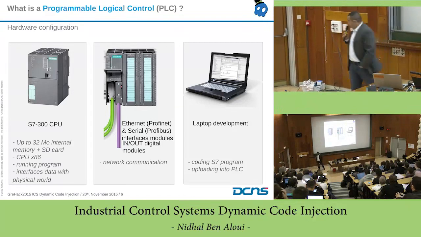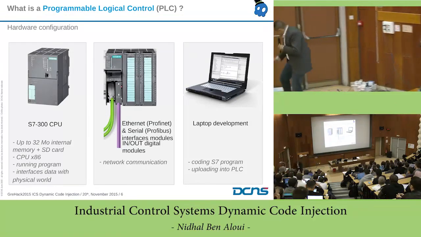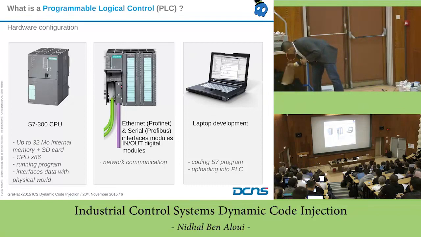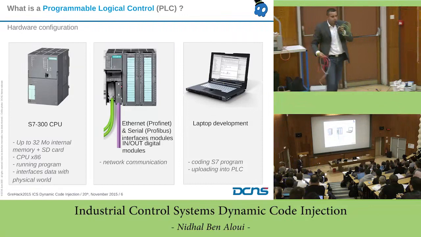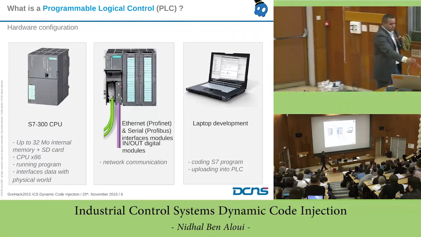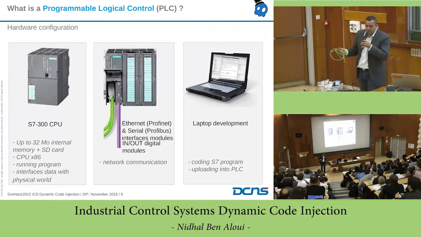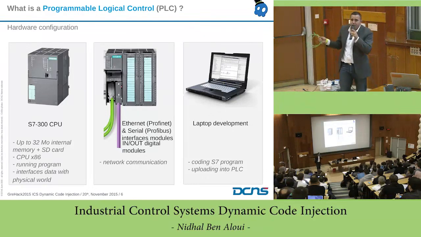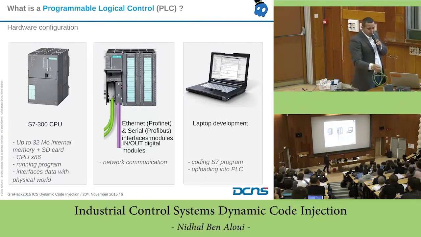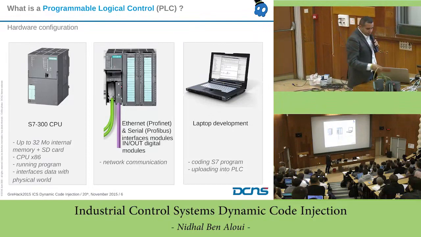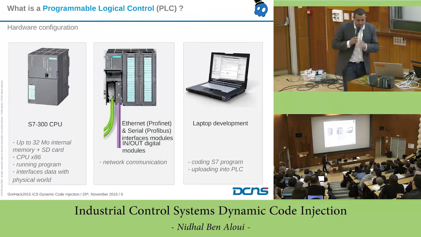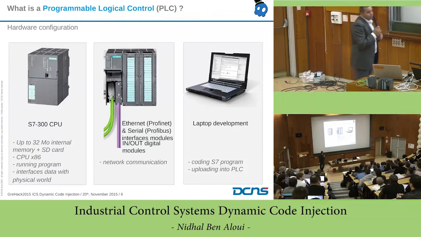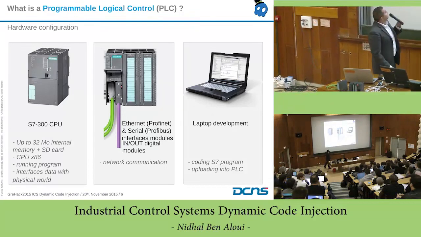In general, we use a Profinet cable like this. This cable is given by Siemens, not a specific cable, just with a color to identify it, to connect the PLC with the development laptop. So we just connect it to the dev station.